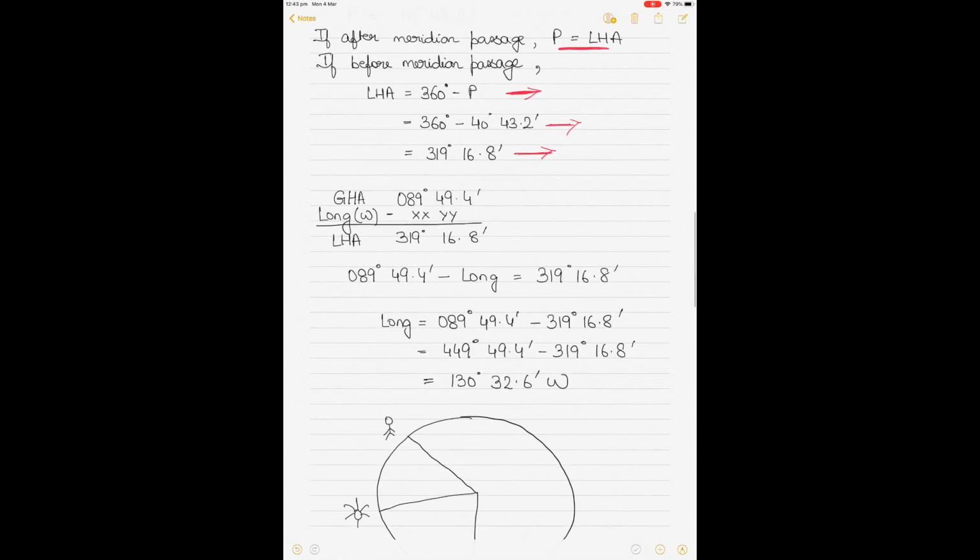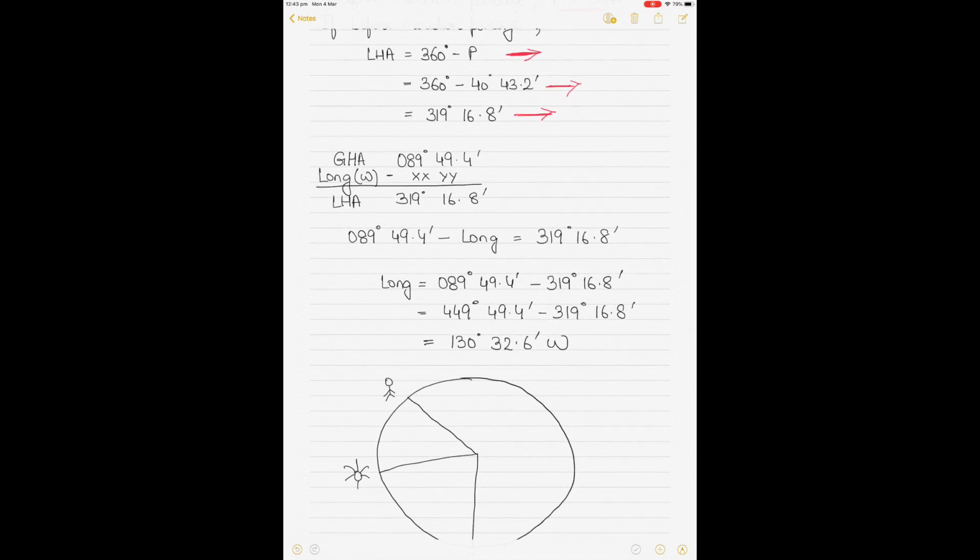Then you have your GHA that you calculated before as 89 degrees 49.4 minutes. You know the relationship between GHA, longitude and LHA. If longitude is west, GHA is the best, so GHA will be more than LHA, and this is how the equation will be written. If it's west longitude, you subtract it. If it's east longitude, you add to GHA.